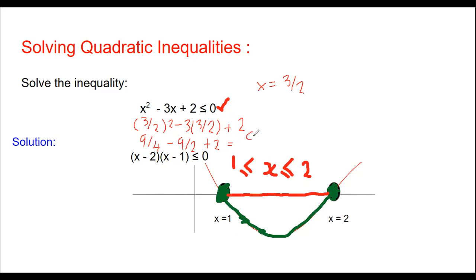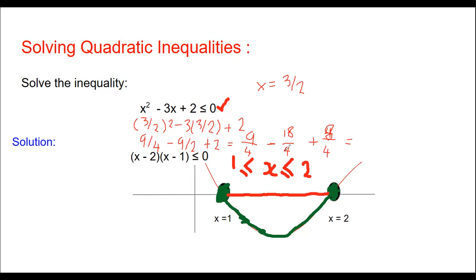So I'll have 9 over 4 minus, I can write 9 over 2 as 18 over 4, and the plus 2, you can write the 2 as 8 over 4. So my bad.